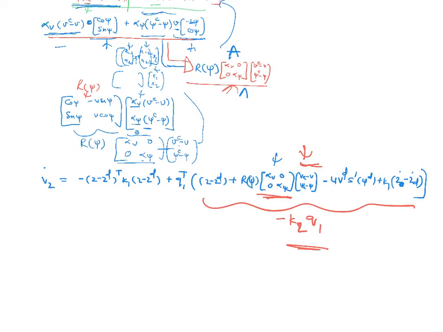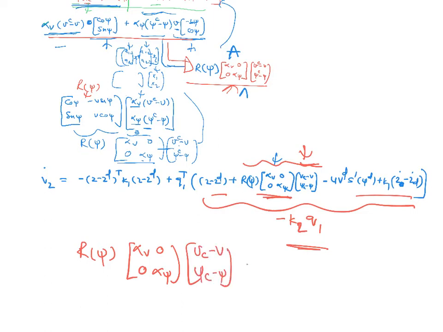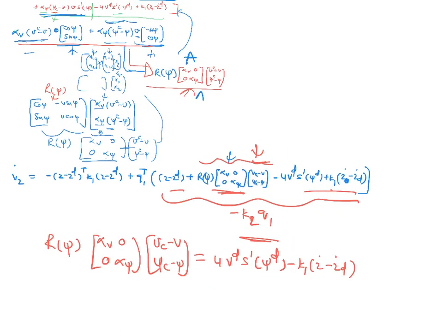You can cancel this term out. So R psi, alpha v 0, 0 alpha psi, times v commanded minus v, psi commanded minus psi equals the cancellation of this: u vd s prime psi desired, minus k1 z dot minus zd dot, minus z minus zd.